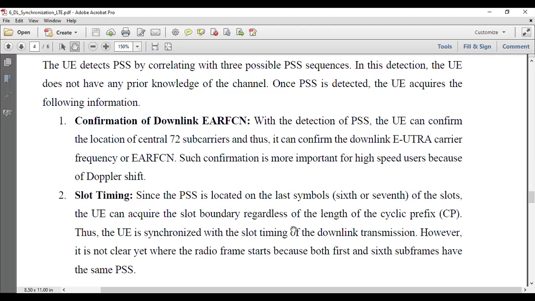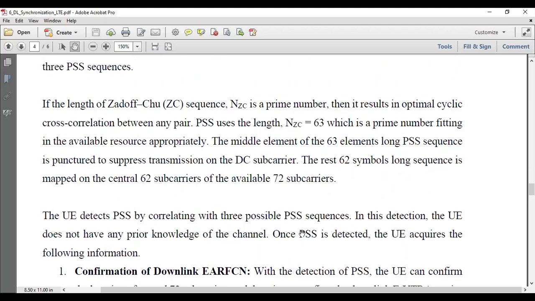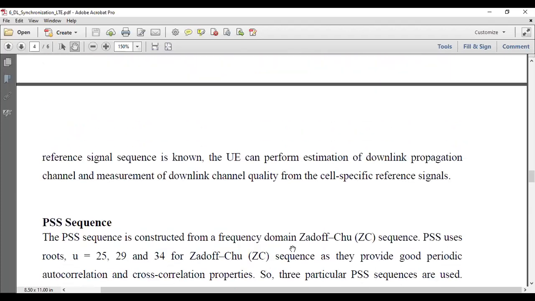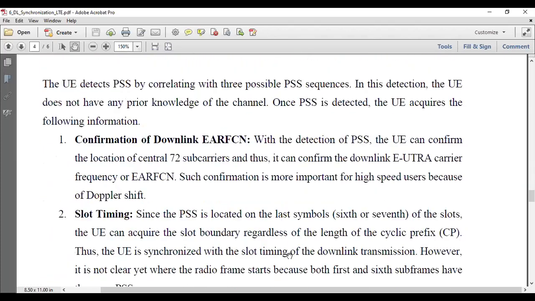But once you do this step, you are sure, because these transmissions exist only in LTE technology. And at these frequency ranges, because the particular 72 subcarriers around the center are used for PSS, you have confirmed the center frequency, and that center frequency is called ARFCN.